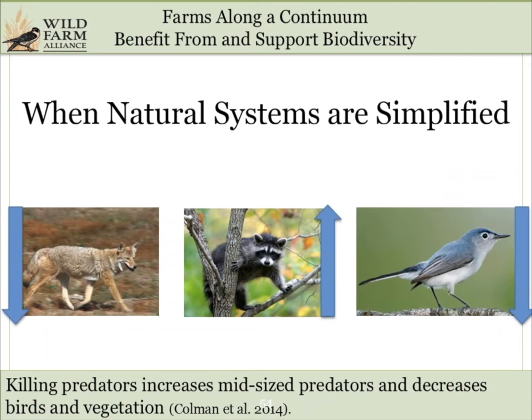Sometimes in livestock operations, the operator feels they need to reduce coyote numbers. Well, there's implications across the landscape when that occurs, because in this situation, raccoon populations increased, and then the blue-gray gnatcatcher populations decreased because the raccoons were eating all the nestlings. But just recently, I got an email from somebody in the Northeast where they were saying how coyote were being persecuted in a certain region, and because of that, the numbers of the foxes increased, and the numbers of chickens that were getting predated by the foxes increased.